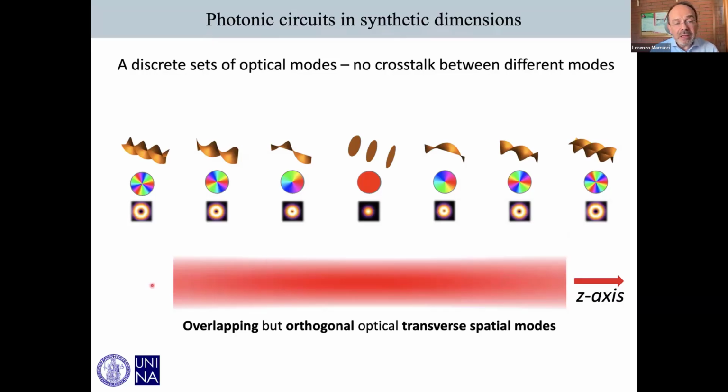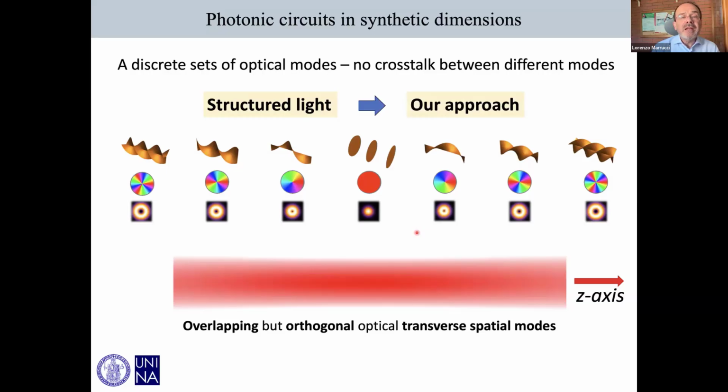Again, in this case, all the modes travel in the same beam, essentially, but they are defined by orthogonal spatial modes. And this is the intersection between this topic and the topic of structured light, because structured light is mainly focused on using, studying and exploiting transverse spatial modes, although not only spatial modes, but mainly spatial modes. And this is also the approach that we have taken so far.